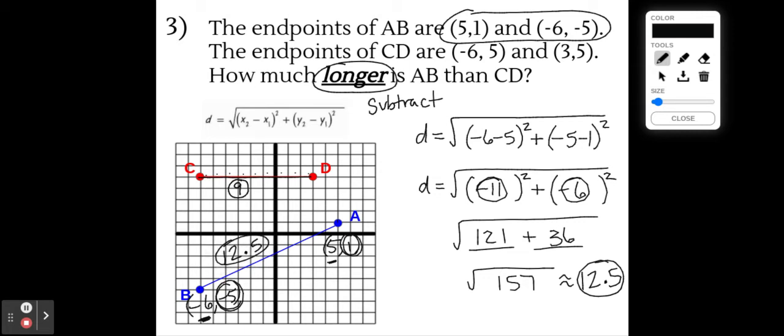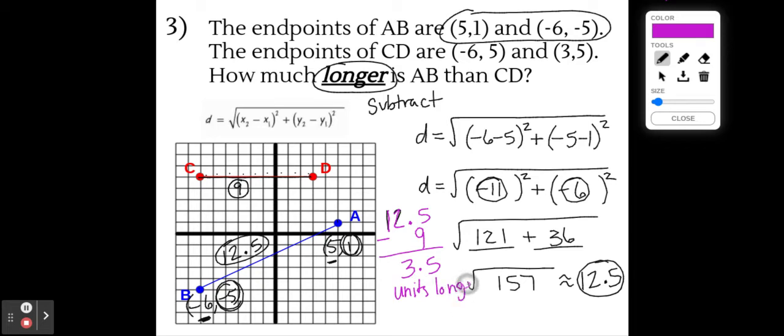Now the question is asking us how much longer. So in order to figure out how much longer, I'm going to have to use subtraction. So I'm going to take the longer one, which is 12.5, and subtract the shorter one, which is 9, and that's going to give me 3.5 units longer.